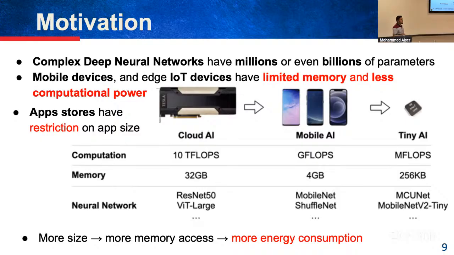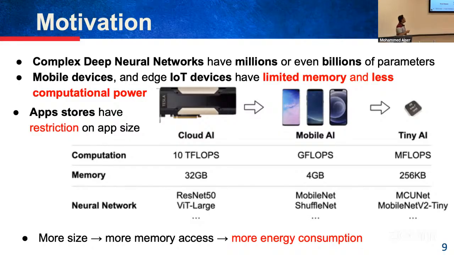So even if a larger model's performance is good, we can't use it in our day-to-day life because we don't always have a laptop or cloud AI access everywhere. But if we have that model on our mobile, we can use it anywhere, right?